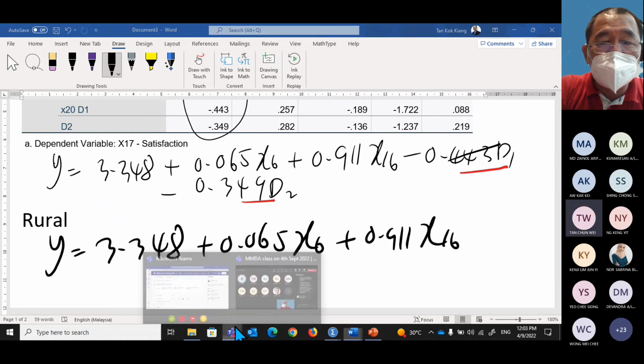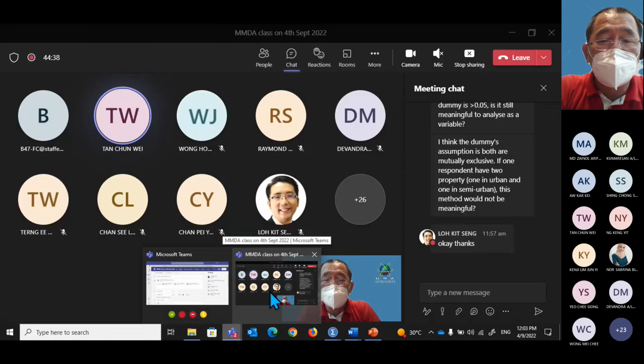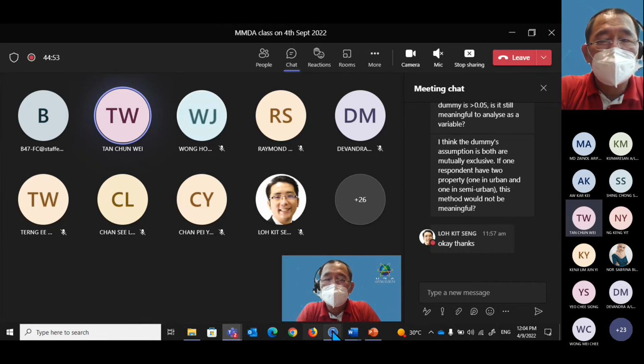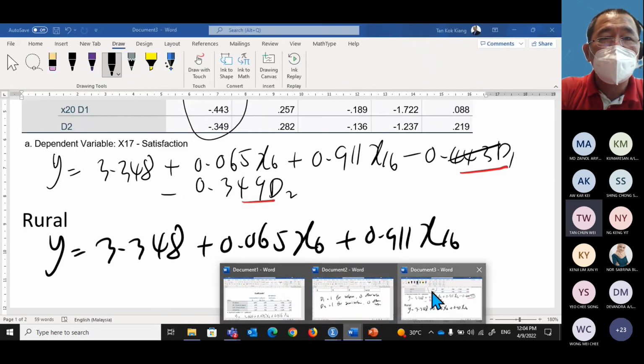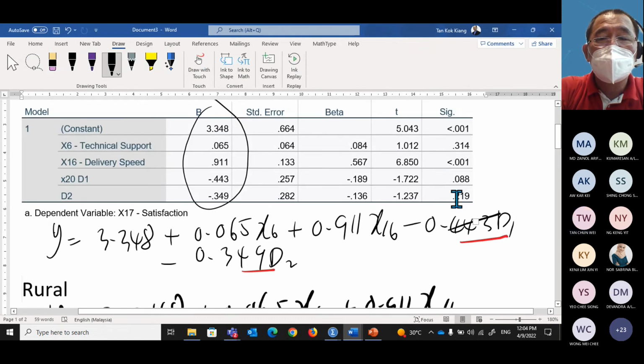I just found one observation. Just now we added one more dummy, and for the other data like X16, X6, and D1, we didn't change anything. But I saw that the significance level for D1 improved from 0.232 to 0.088.